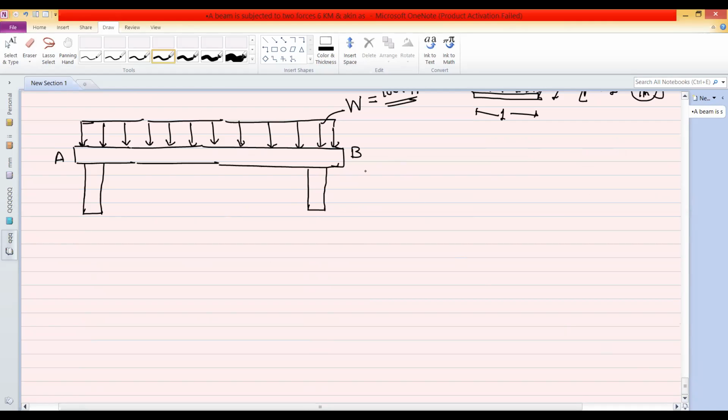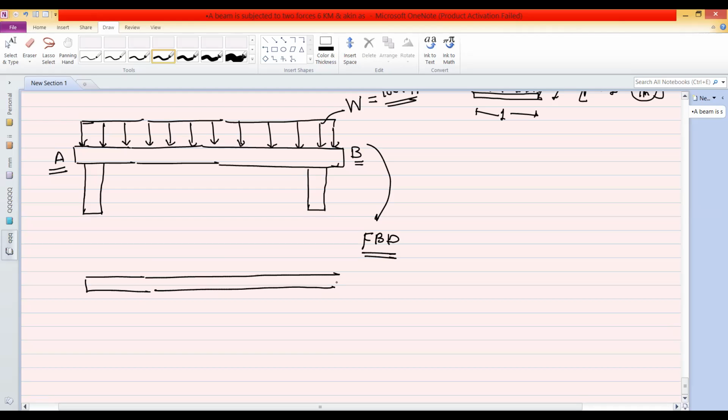Now when you draw the free body diagram, then in the free body diagram, just draw the beam AB. Then convert this UDL, whose intensity is 100 Newton per meter, into a single point, which is called a point load.